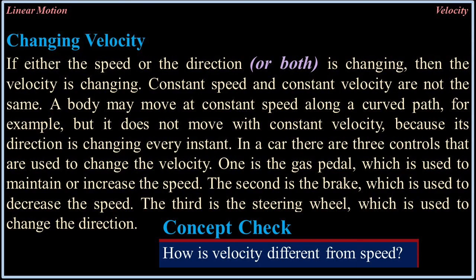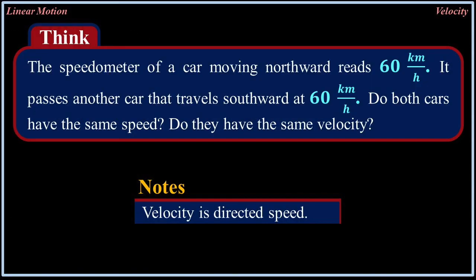Concept check. How is velocity different from speed? The speedometer of a car moving northward reads 60 kilometers per hour. It passes another car that travels southward at 60 kilometers per hour. Do both cars have the same speed?